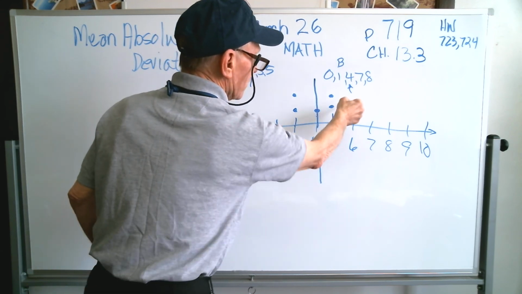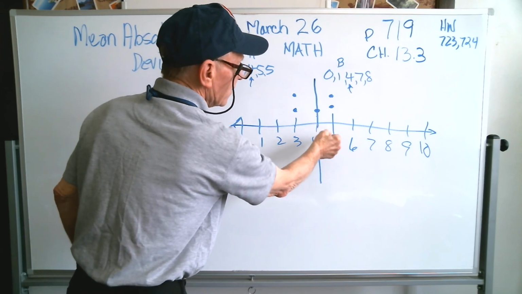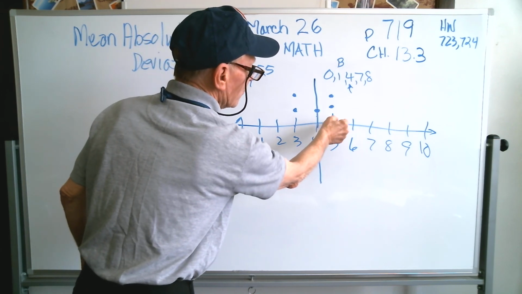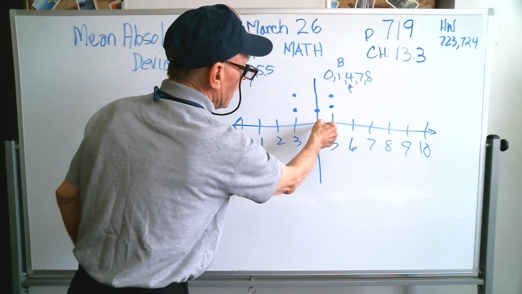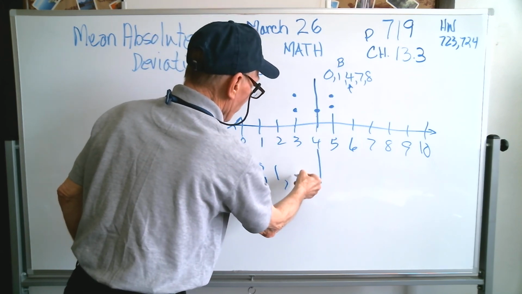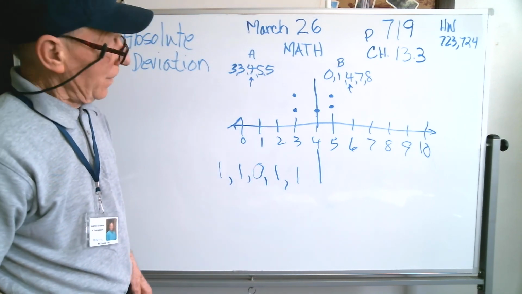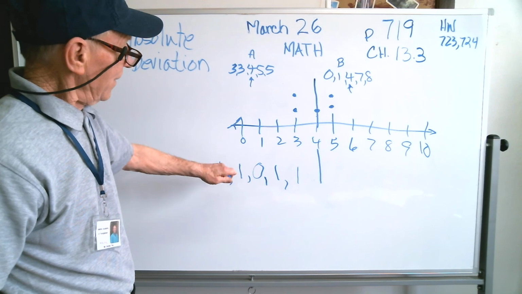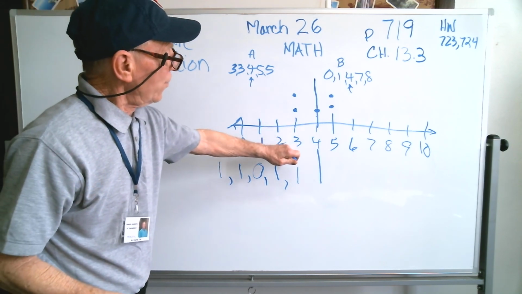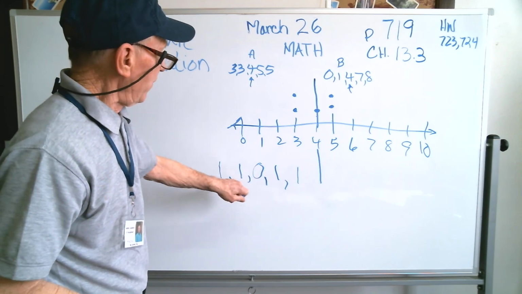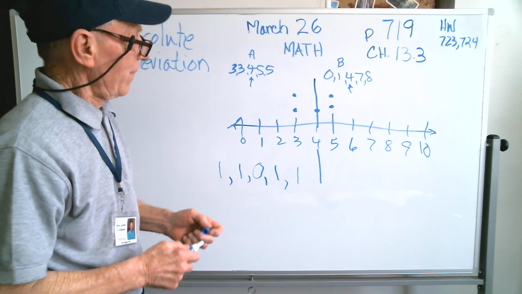It's no distance from it, it's right on it. The next is 5, and 5 again is 1 space to the right, and there are 2 of those. So we've developed the deviation. 3 and 5 deviate from the median 1 place. The one that is at 4 is at 0.